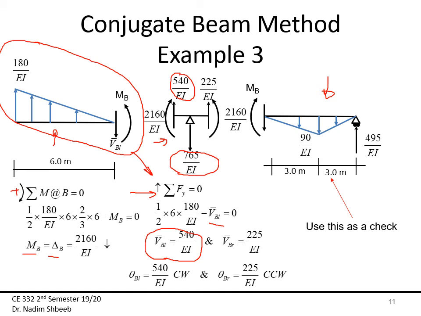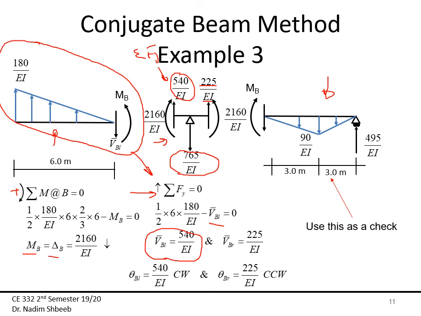So this is pointing downward, so this is pointing upward. Now if I do summation of Fy for this part here, then I can find VB right. And that is simply 765 over EI minus 540 over EI, and that's going to be equal to 225 over EI.